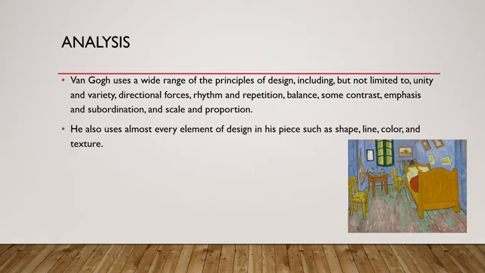Van Gogh makes the negative space interesting by adding various hanging artworks, some fine china, and maybe some knickknacks on the bedside table, and then also maybe some clothes or towels, linens hanging on the wall.